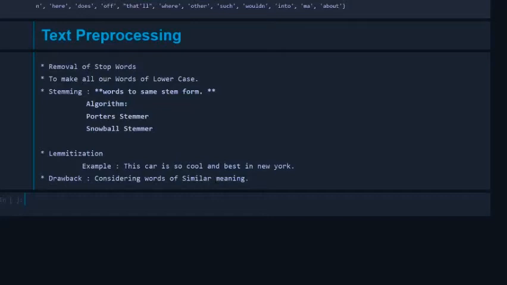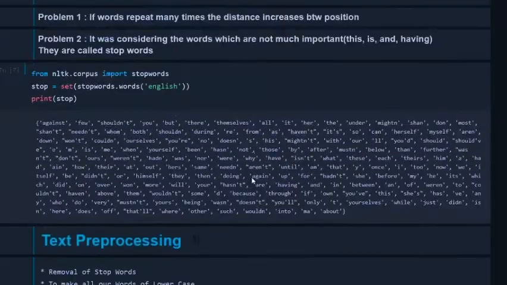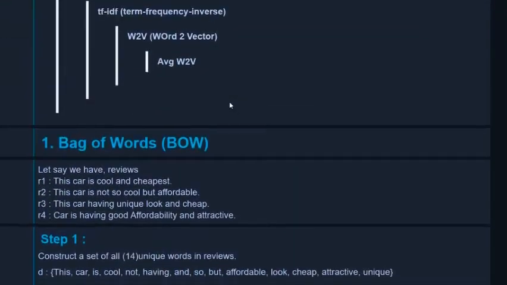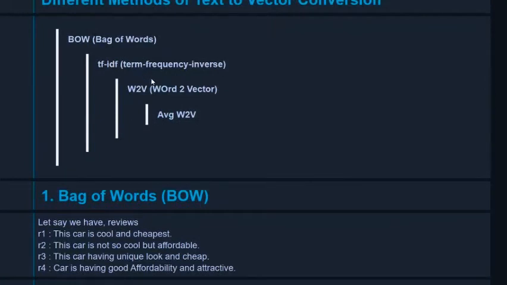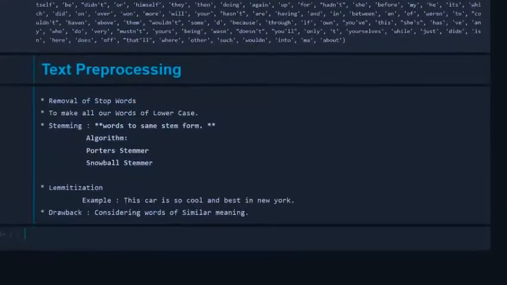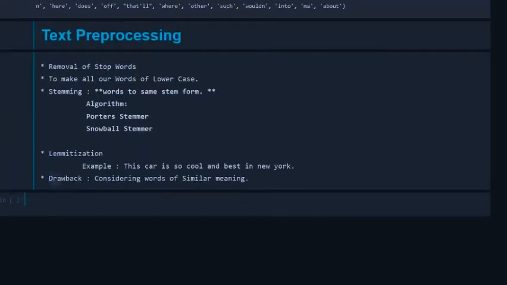So we will talk about this last thing, the drawback of the bag of words technique, when we discuss the word to vector technique. We already discussed that there are many techniques. With word to vector, we are going to see how this last one is considered and implemented.